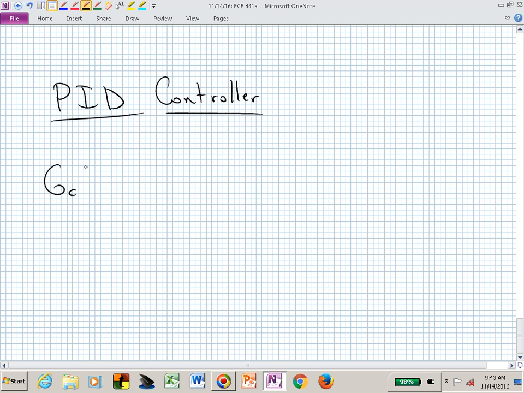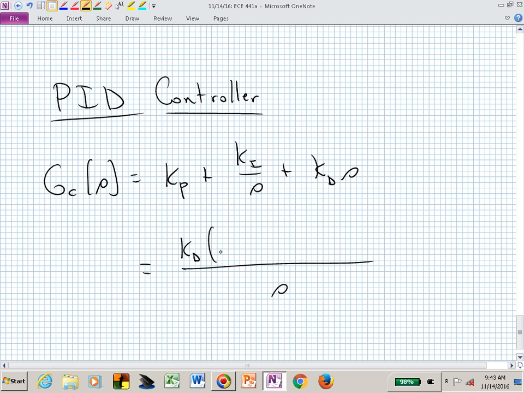If we now have G sub C of S, that's now K sub P plus K sub I over S plus K sub D S. Or if we put all of that over a common denominator of S, you see that the K sub D term will be S squared, and that will be our highest power in the numerator. Then we factor other pieces out, and we have a K sub P over K sub D S plus a K sub I over K sub D.